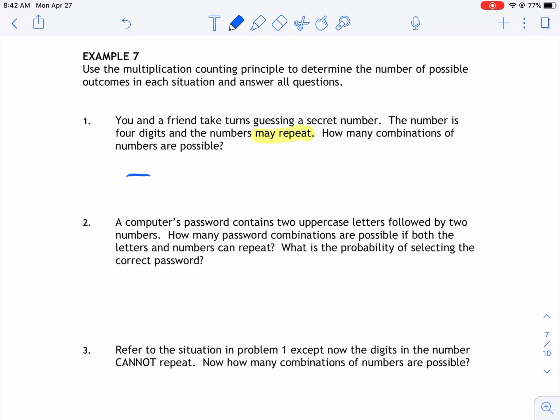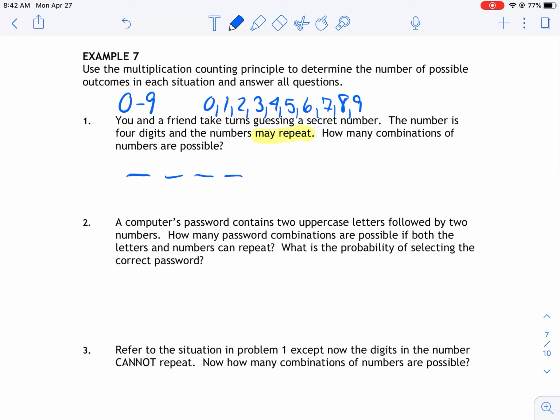Well, if you have a 4-digit number, let's go ahead and map this out. We have 4 blanks for our number, and each of those blanks can be a digit 0 through 9. So if I count 0 through 9 as possibilities, I can do 0, 1, 2, 3, 4, 5, 6, 7, 8, and 9.